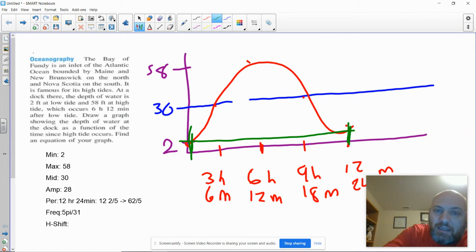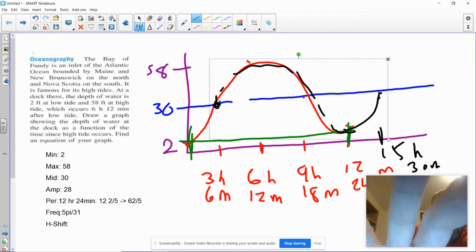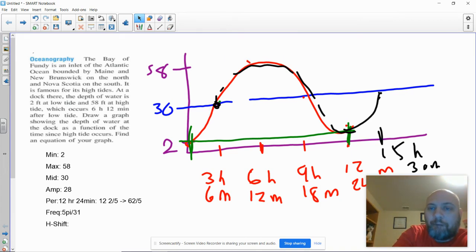If I'm going to use a sine, starting here, I would have to continue out to 15 hours and 30 minutes to finish up this sine curve. I would have a horizontal shift because this sine curve starts at 3 hours and 6 minutes.